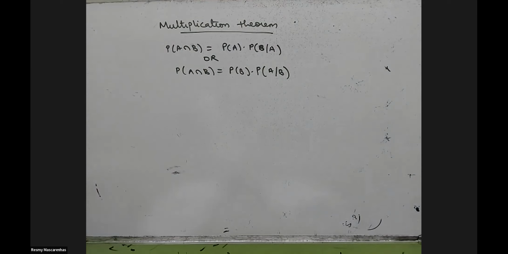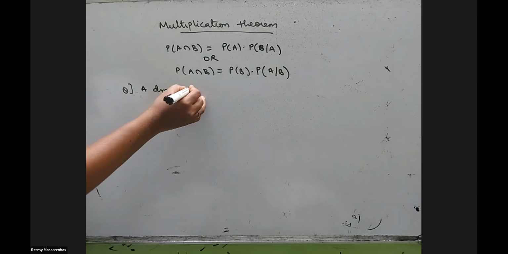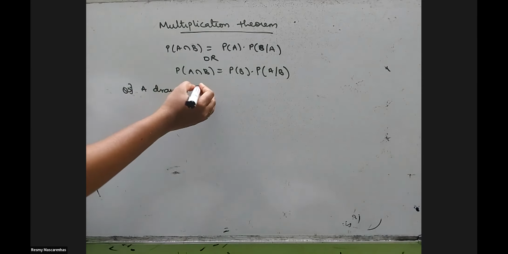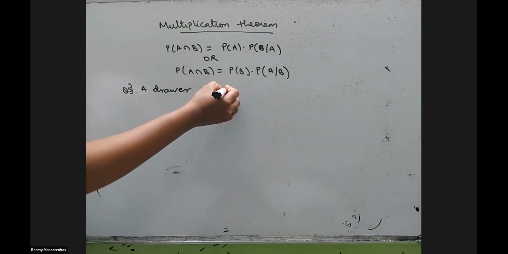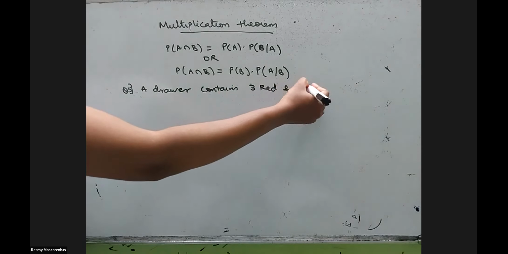We'll continue with the problems on multiplication theorem. This question I'll just give; it must be there in the notes also. Question 5 on the notes. A drawer contains 3 red and 5 black socks.